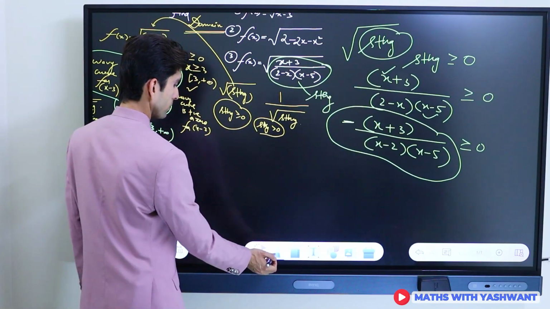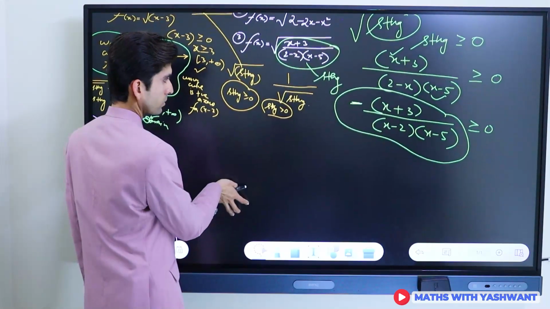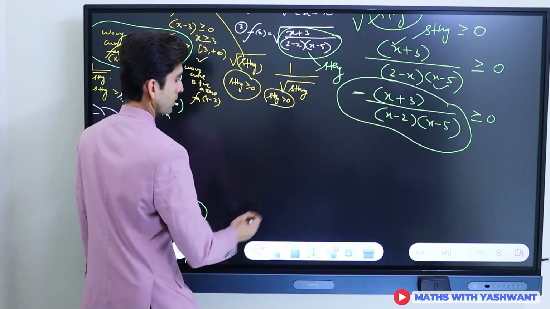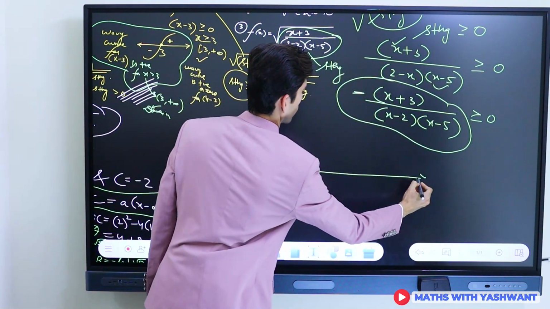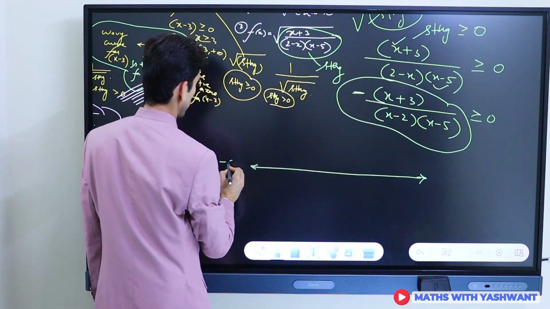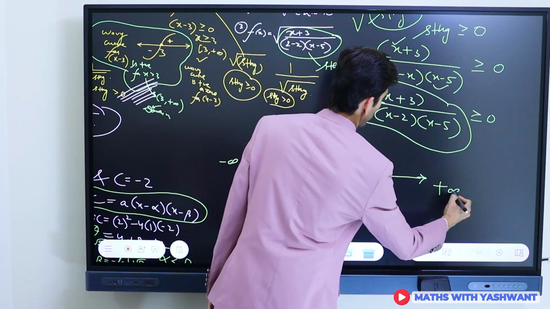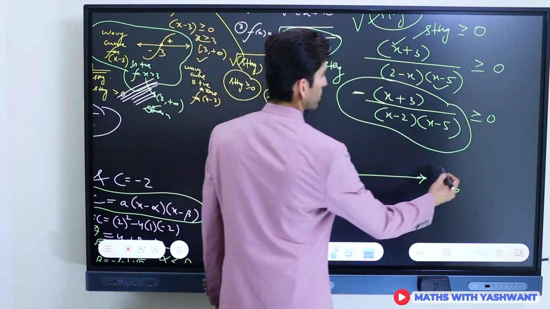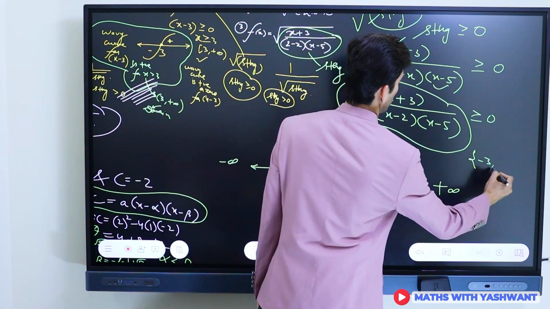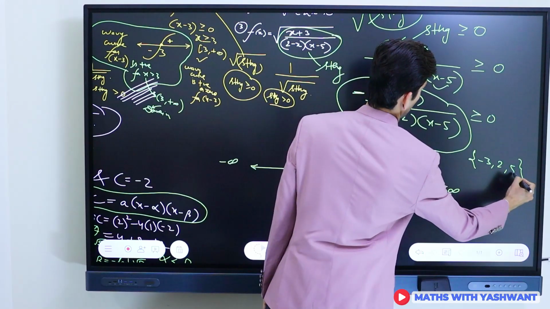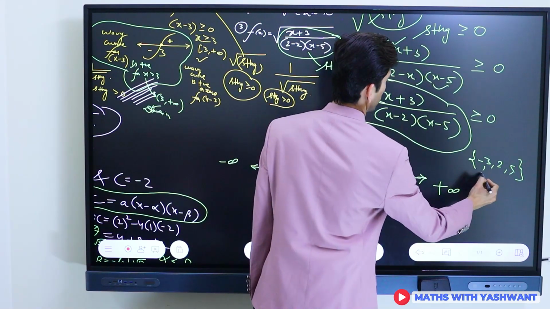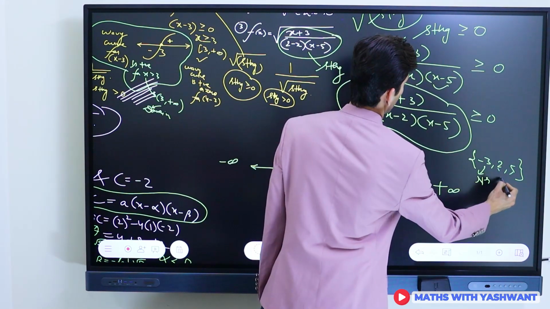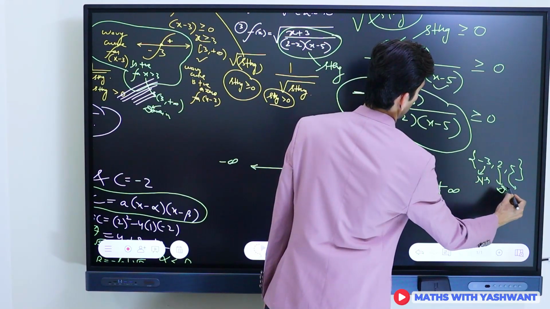So we have the number line running from negative infinity to positive infinity. Okay, and we have the critical points minus 3, 2 and 5. Minus 3 corresponds to the numerator, 2 and 5 correspond to the denominator.